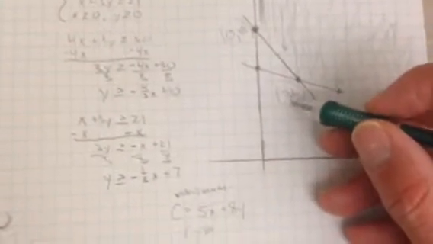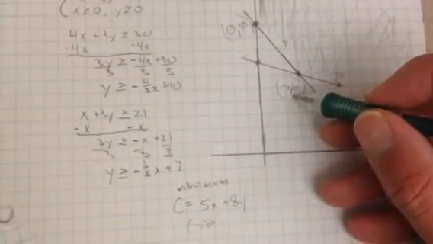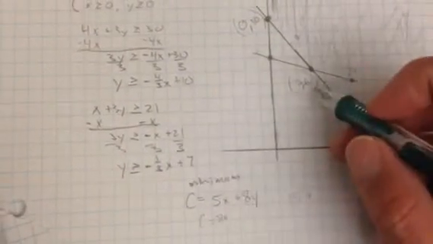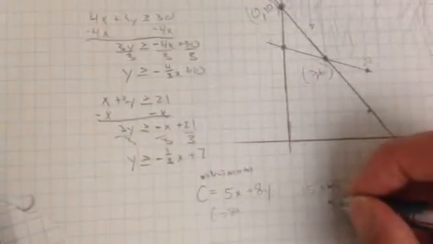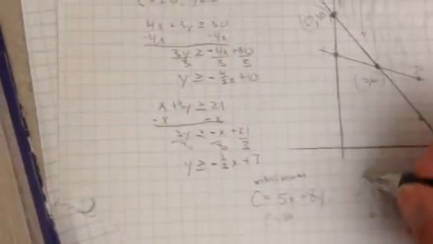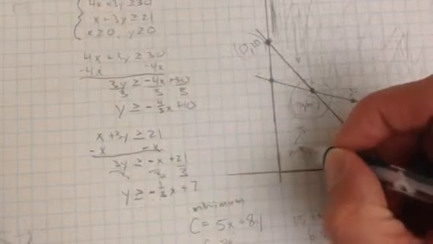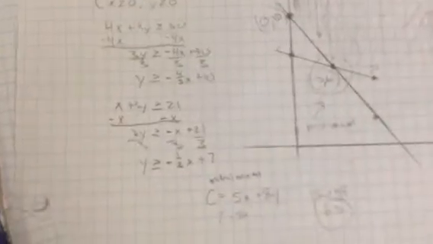And then for this one, (3, 6): 5 times 3 is 15, 8 times 6 is 48, and 15 plus 48 is 63. That one was 80. So what we would find is our minimum would be here, and that would be at 63. C would equal 63.